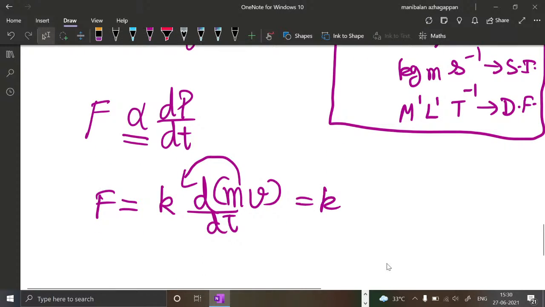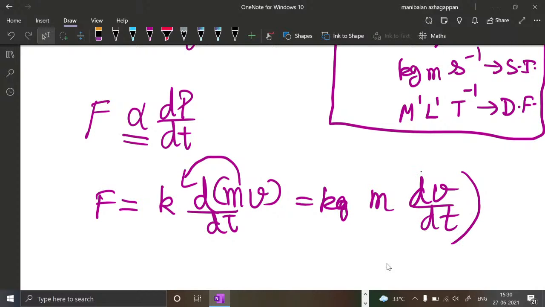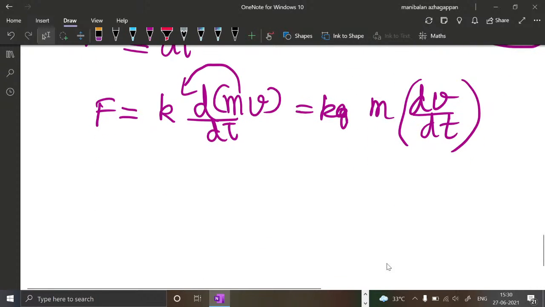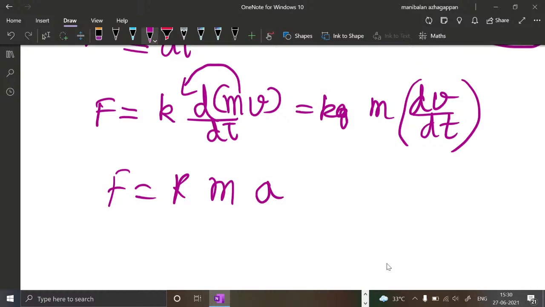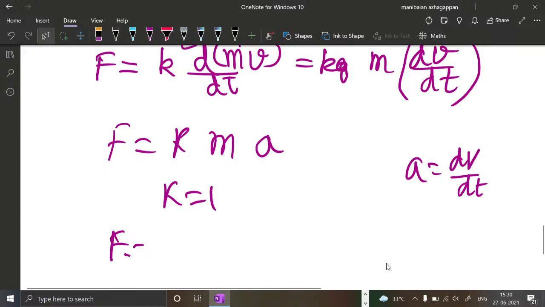So k times m dv by dt. Rate of change of velocity is how much? It's the acceleration. So force is equal to k times m a, where a is equal to dv by dt. That's the reason k is equal to 1. So force is equal to ma.